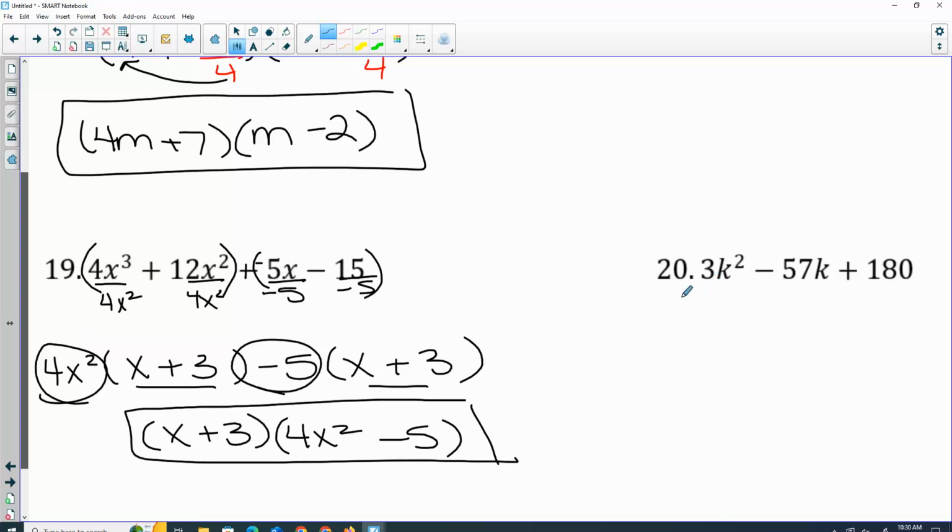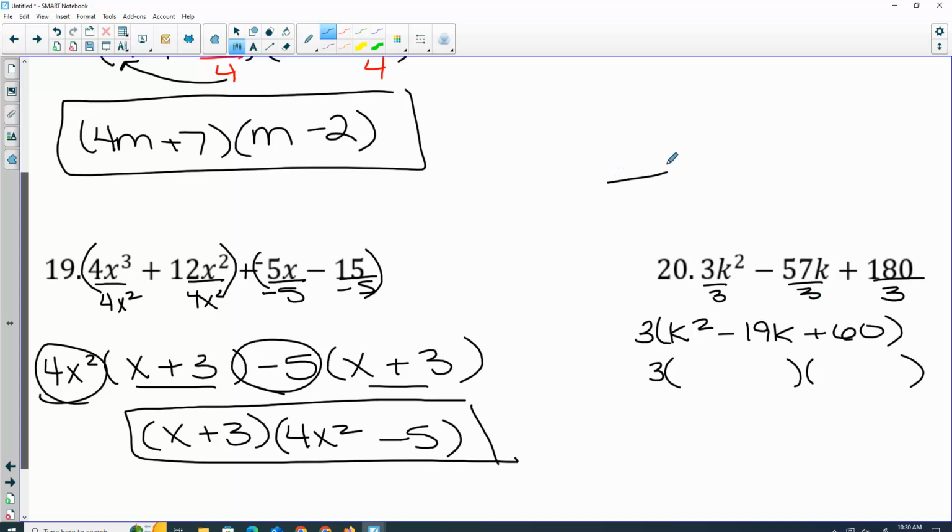Number 20, what can I do there? You can take 3 out. So that leaves us k squared minus 19k plus 60. All right, so now I keep my 3 and I want to know what multiplies to 60 and adds to negative 19.